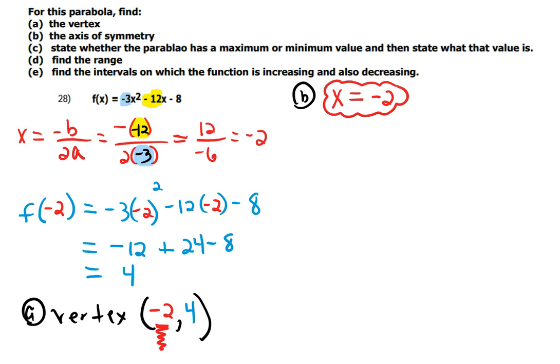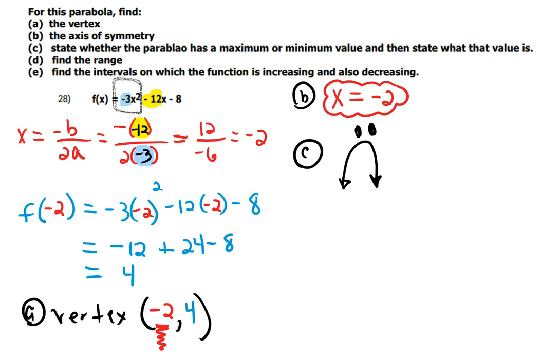And then part C, it said state whether the parabola has a max or a min value, and then state what that value is. Okay, our original problem had a negative 3x squared, that means that it's an upside down parabola. Remember, I made the joke that it looks like a frowny face, right? Because it's negative. Aww.